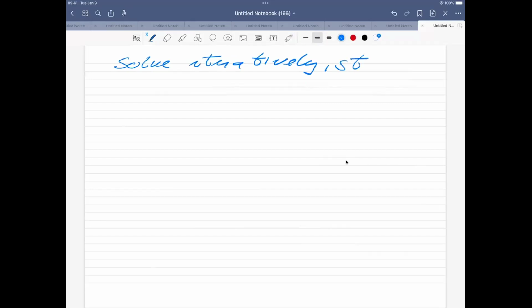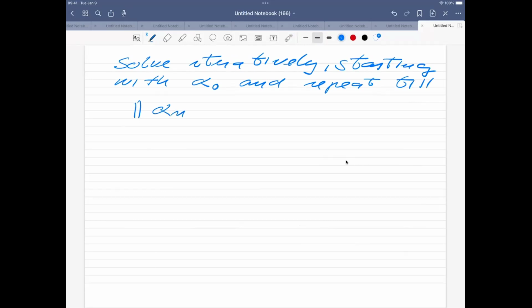So what we are ending up with is a recipe where we solve iteratively with a guess. Starting with some alpha 0, a guess which we have, and repeat till we have, since these are vectors, alpha n plus 1 minus alpha n, and then we take the norm 2 here, is less than a specific quantity epsilon.